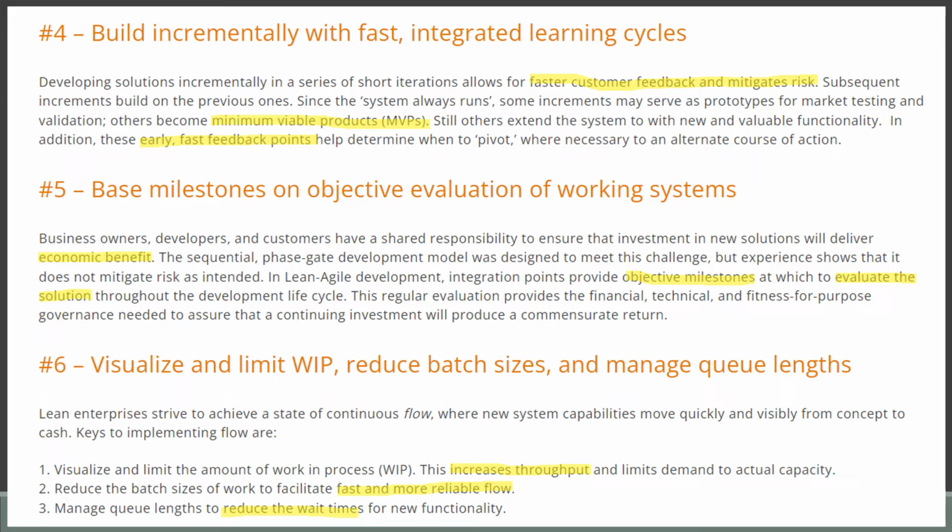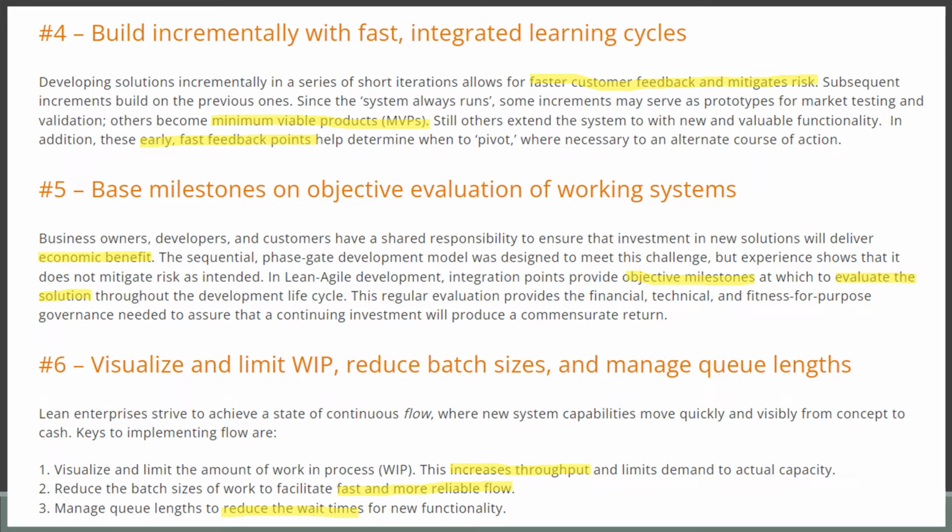I talked about benefit realization management in my other videos. You need to evaluate at regular points of time: at sprint level, PI level, and product level. So you need to build your governance system according to that.